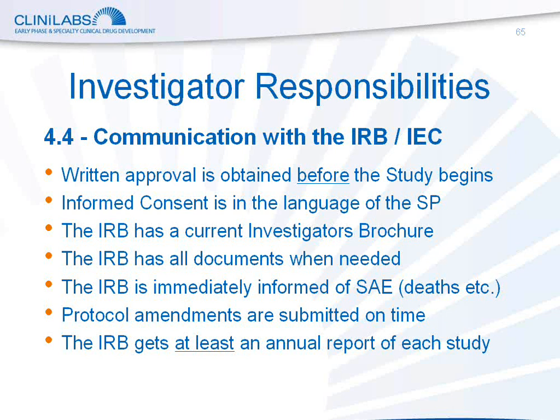The IRB needs to have the IB, any other documents, and needs to be informed immediately of any serious adverse events. Also that the protocol amendment is submitted on time, and the IRB gets at least an annual report of each study. As you could tell, some of these obligations and responsibilities that are delineated in this E6 document were also mentioned previously in the Form 1572 and the new recent guidance.